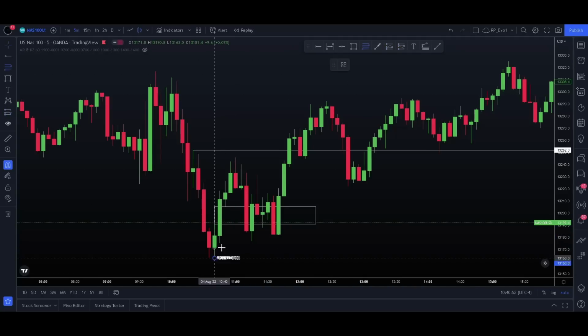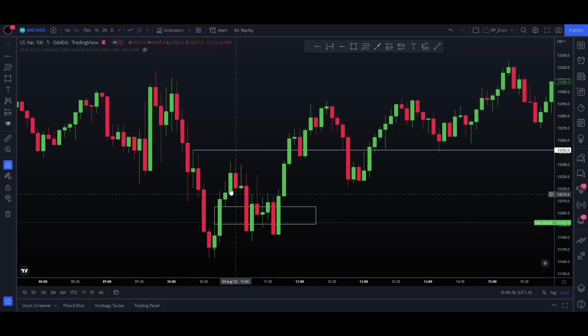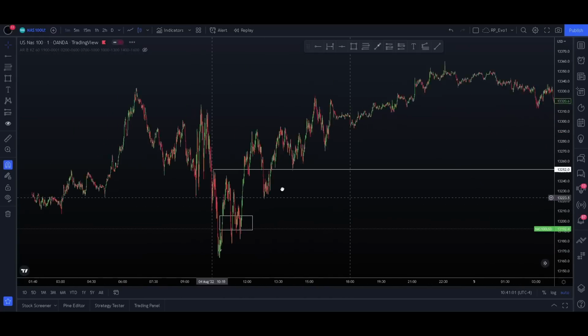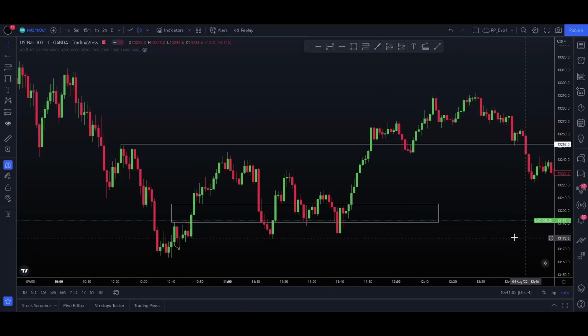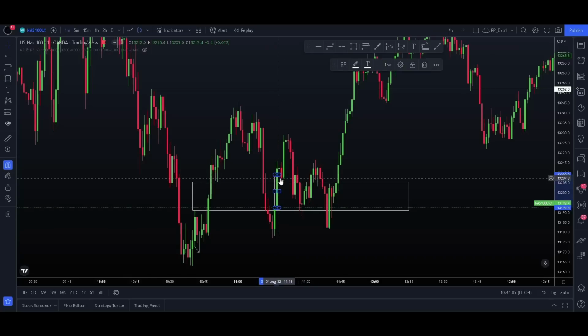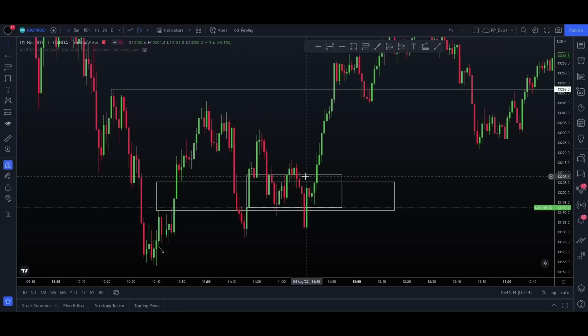I mean, discount. From this high to this low, you can see below 50%. So it's valid. And we had another gap here.